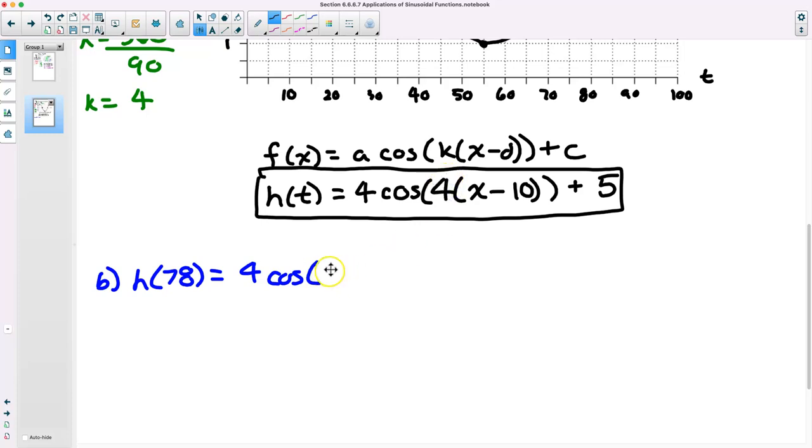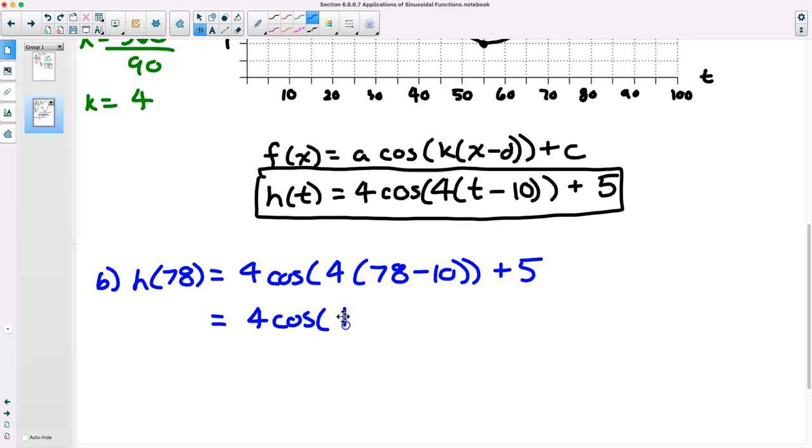Let's plug in the information. Instead of x, we're going to replace that with t, which is our name for our x variable. So we're going to have 4 cos, with 4 times, instead of t, 78 minus 10, and we add 5. And we're simply going to throw this in our calculator.